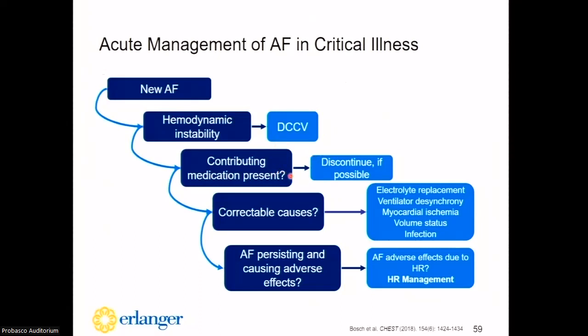Can we discontinue that if possible? Is there an underlying correctable cause that we need to address? Here in this patient population, you may be looking at electrolyte replacement, ventilator desynchrony, myocardial ischemia, addressing volume status or underlying infection. And then if we've addressed all of these issues and we still have AFib persisting, causing adverse effects, then we're going to go to heart rate management.